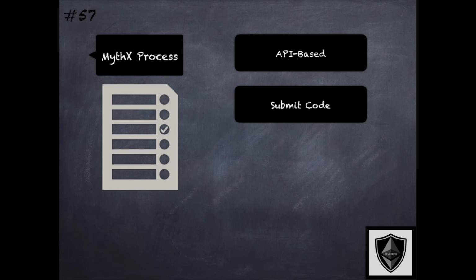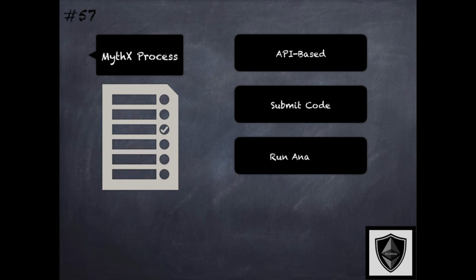The analysis requests are encrypted with TLS, and the code one submits can only be accessed by them. And one is expected to submit both the source code and the compiled bytecode of the smart contracts for best results. The second step is to activate the full suite of analysis techniques behind Mythics.